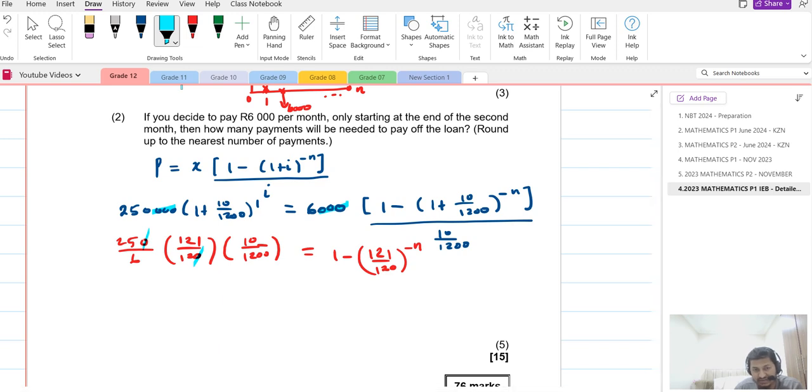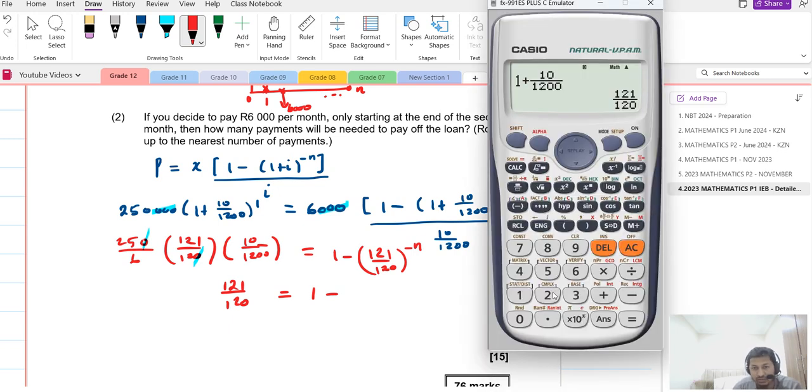So what I'm going to do is say 121 over 120, right, is equal to 1 minus this answer here. What's that answer? So what we have is 250 over 6. Okay, I'm not going to cancel anything from here now. Times 121 over 120 times 10 over 1200.